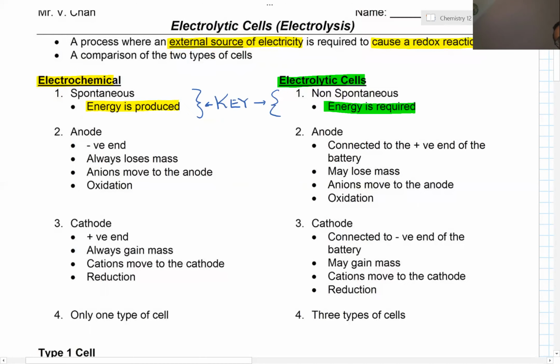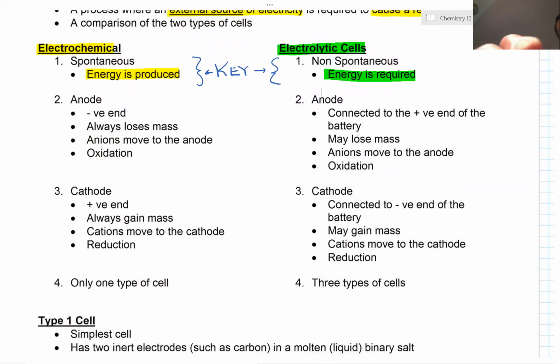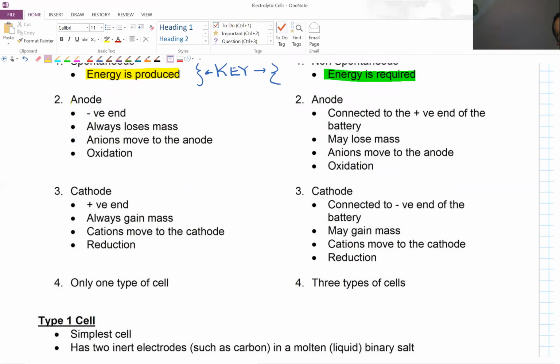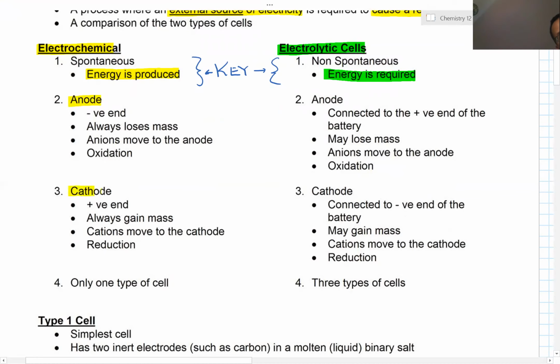Now, if you look at bullets numbers 2 and 3, you still have an anode and you have a cathode in both chemical reactions. The key one you need to realize is that at the anode, there's oxidation, and at the cathode, there is reduction.